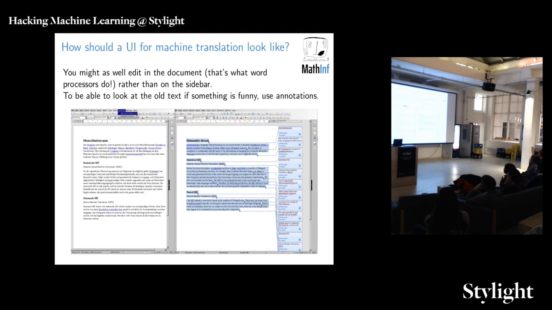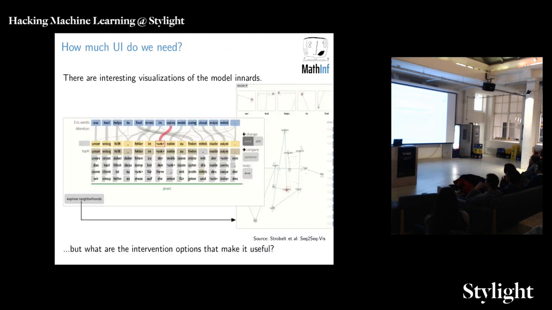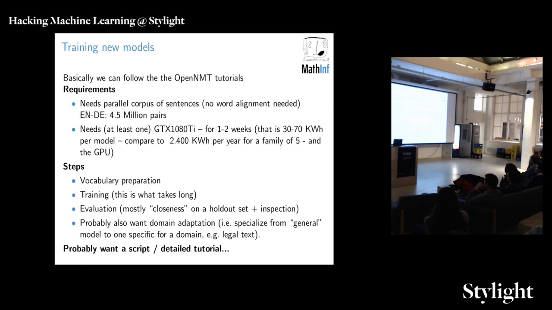When I proposed the project for the Prototype Fund, you have to write an application for what you're going to do for half a year. I thought, there are all these awesome visualizations. And then when I thought more about user interface and user experience, I thought, but what is someone going to do with that? If I can click on a button and make it better, then I don't need all of this.